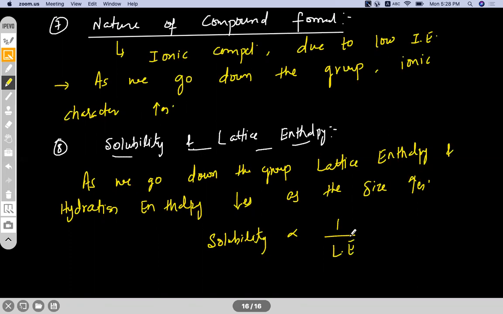More lattice energy, difficult to break the bond, and hence solubility will be less. Okay. Done.